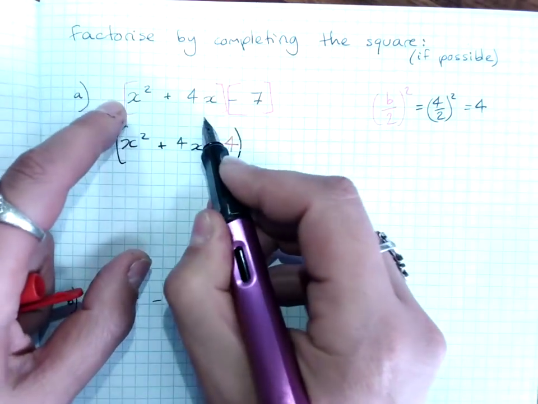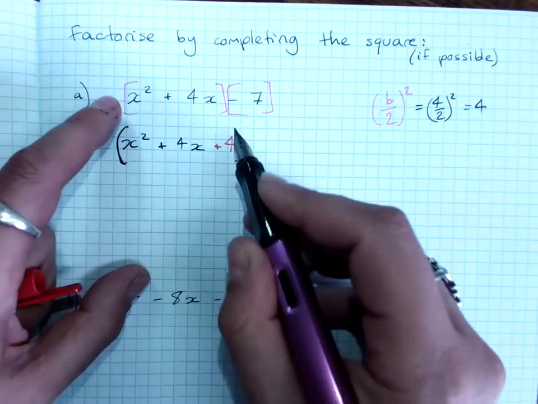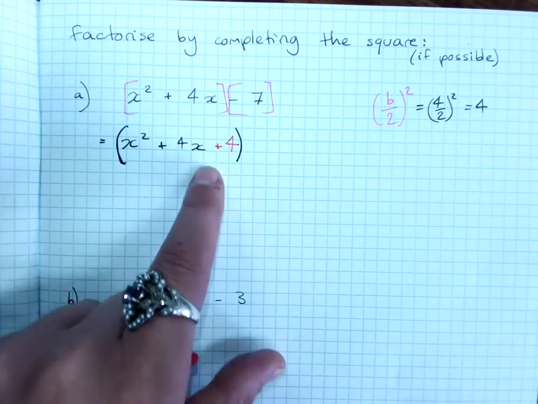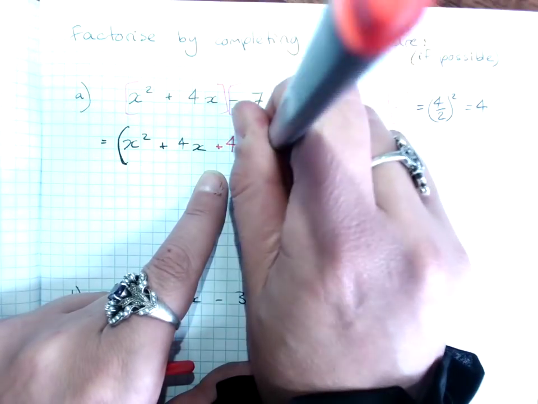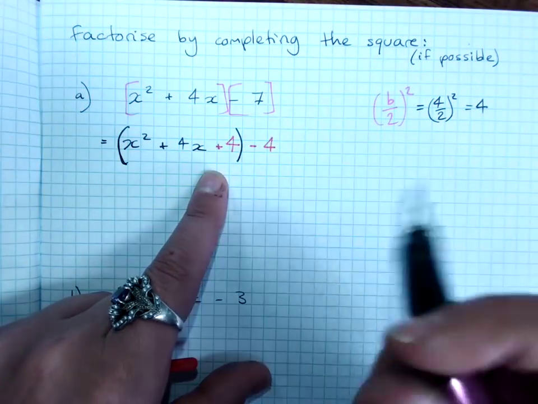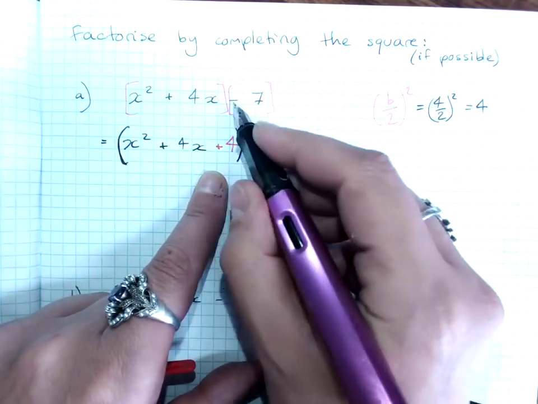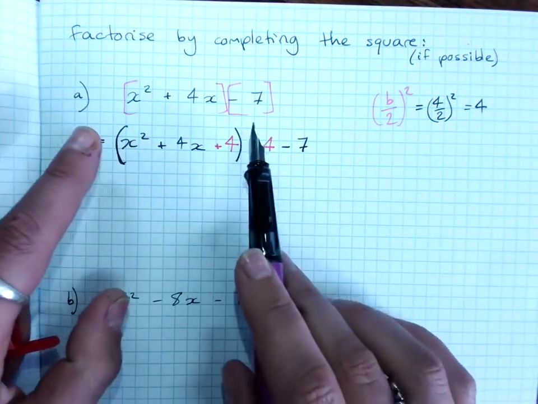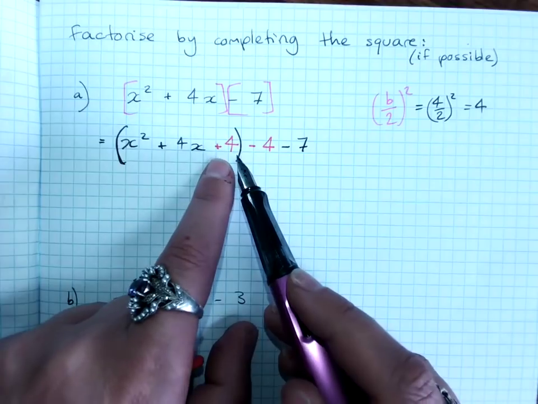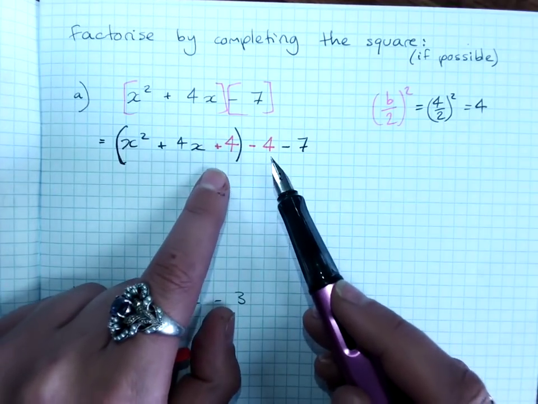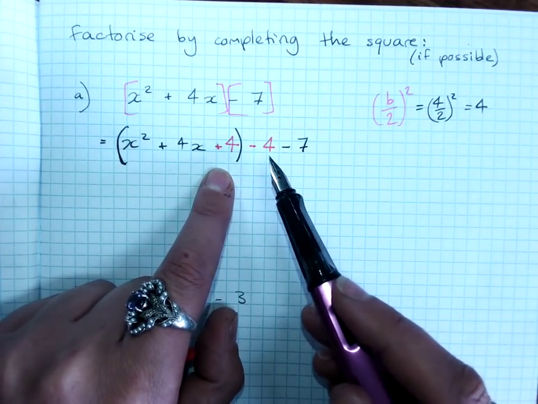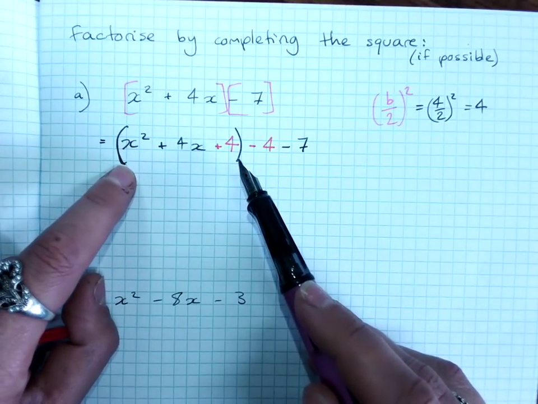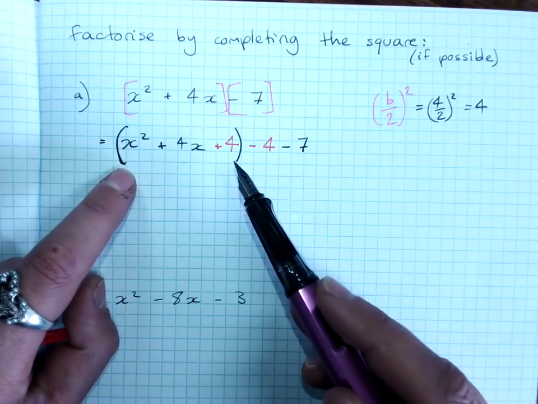So I had this little bit there, and I said, I'm just going to complete that as a square. But the only way you can do this plus 4 is if you also take away 4. And I've also got my minus 7, which was hanging out here all the time. So as you can see, by putting in plus 4 minus 4, I haven't actually changed anything about the value of this expression. But I've made it so that I can factorize this bit here, which is kind of useful.